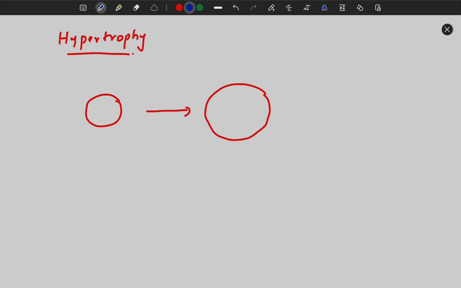Now, what is hypertrophy? Here you can see the cell is increasing its size. There is an increase in cell size, but no increase in the number of cells. This is hypertrophy.